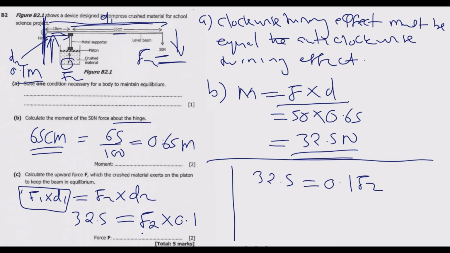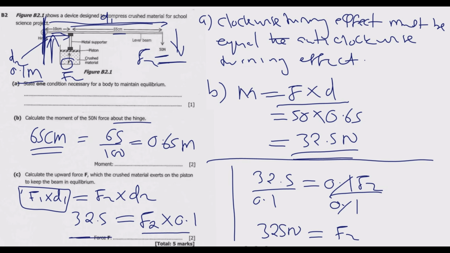Then to find F2, we divide by 0.1 this side, then this one and this one cancel, meaning F2 is equal to basically 32.5 divided by 0.1, which is 325 Newton. So here this F is basically 325 Newton.